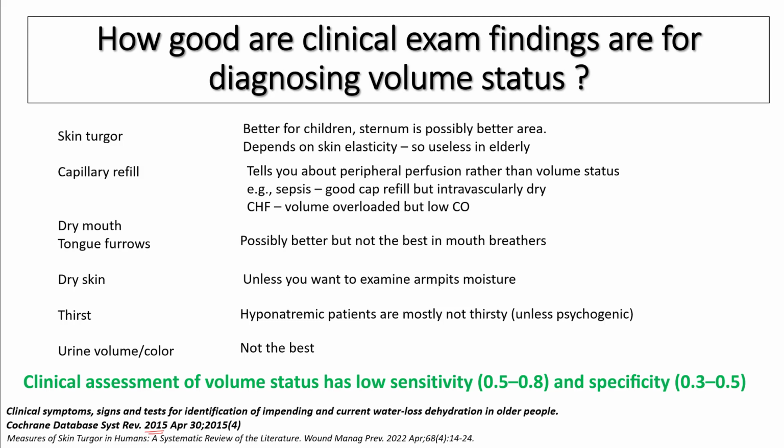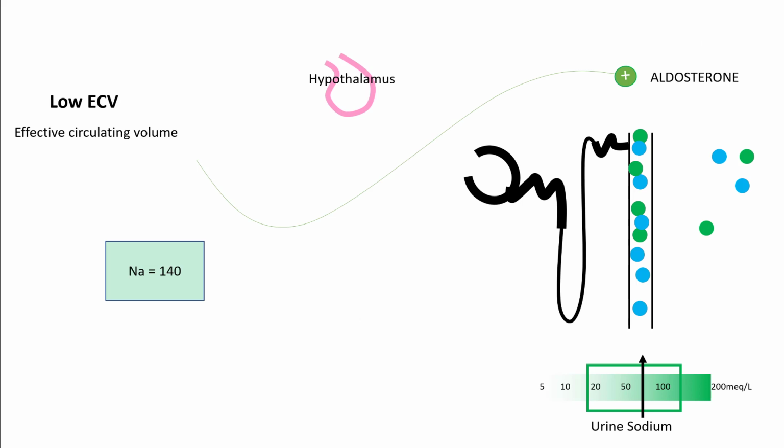You can use things like skin turgor, dry mouth, dry skin, urine volume and color to have some idea about volume status. However, a better way to approach this is how your body considers your effective circulatory volume to be. If your body is sensing low ECV, it's going to stimulate your renin, angiotensin, and aldosterone system.